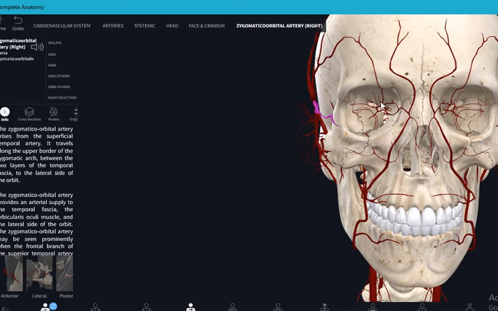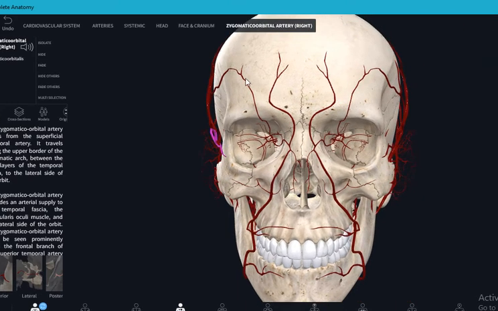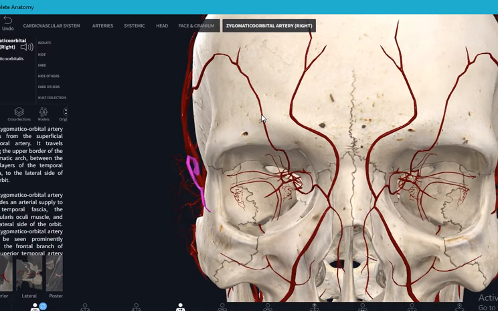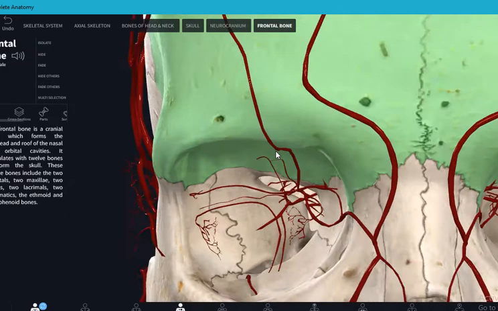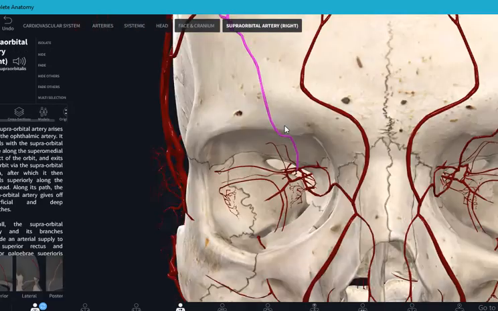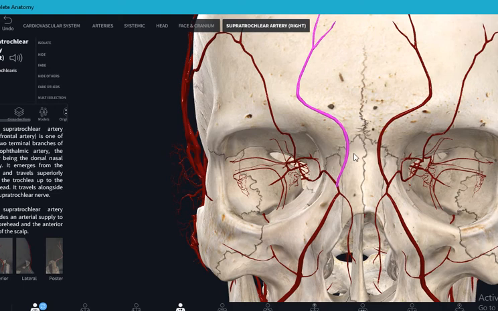Again, another artery going to the anterior face is the ophthalmic artery. The ophthalmic artery is going to give this branch here, which is the supraorbital artery, and this branch here, which is the supratrochlear artery. So this one here is the supraorbital artery, and this one here is the supratrochlear artery.